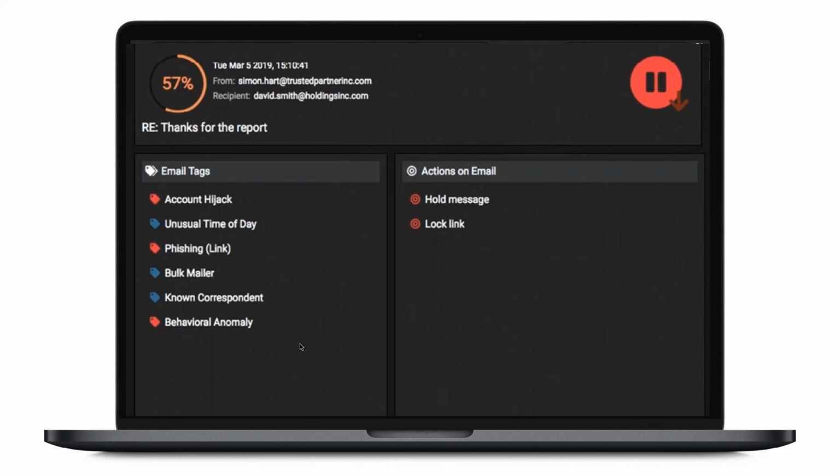And having revised the understanding in near real time, this is super fast computation that it does. The AI has established that this is likely to be an account hijack. So even though the email is presented with 57% anomaly, far less than some of the other examples we were looking at, because it is able to look beyond whether or not it's a trusted sender, or whether the link is part of a phishing campaign, it can put all of these things together, revise its understanding of the threat, and change its mind on the response that is more appropriate.